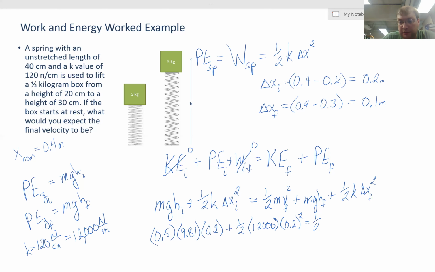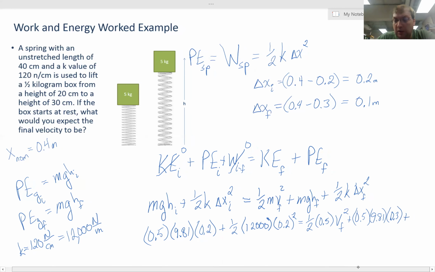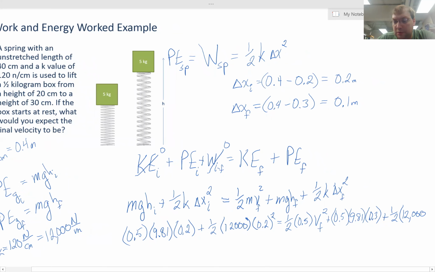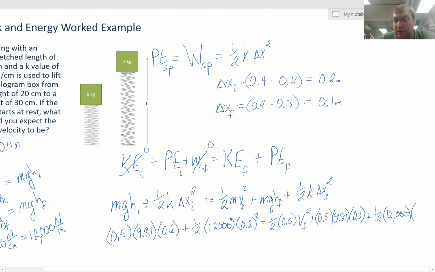That is equal to 1/2 times our 0.5 times v final squared, plus our 0.5 times 9.81 times 0.3, since our height is now 30 centimeters, plus our 1/2 times 12,000 newtons per meter, and our final spring compression is now only 0.1.